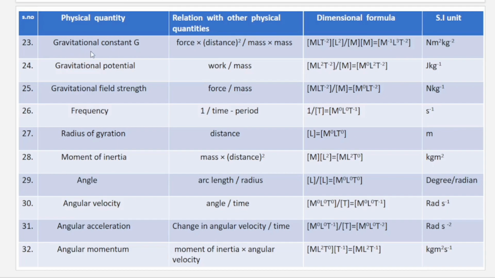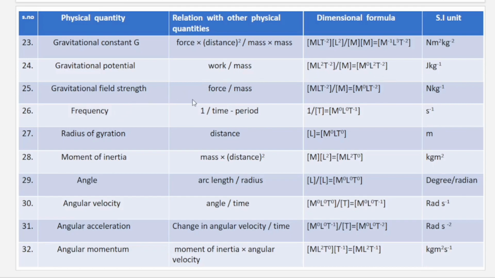Next we have gravitational constant G, whose formula is force into distance square by mass into mass, where force is MLT⁻² into L square by mass into mass is MM. So we get [M⁻¹ L³ T⁻²]. Then gravitational potential is work by mass. Work is ML²T⁻² by mass is M, so we get [M⁰ L² T⁻²].